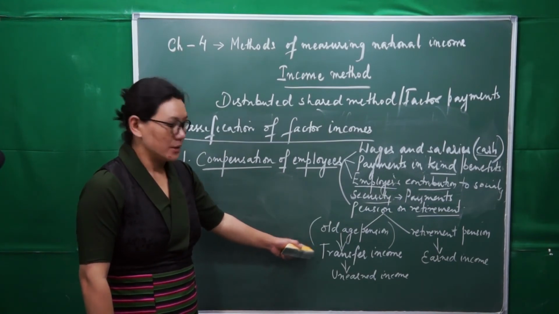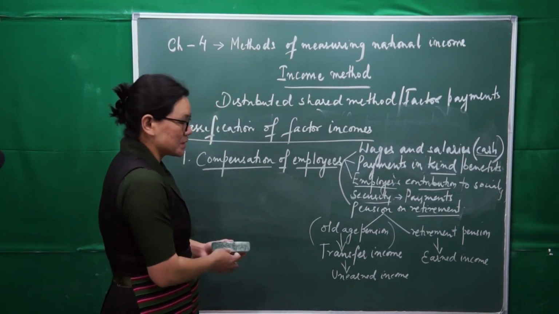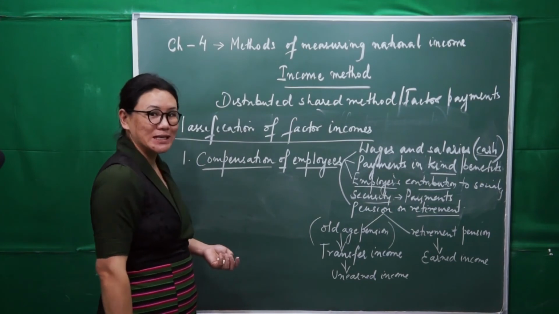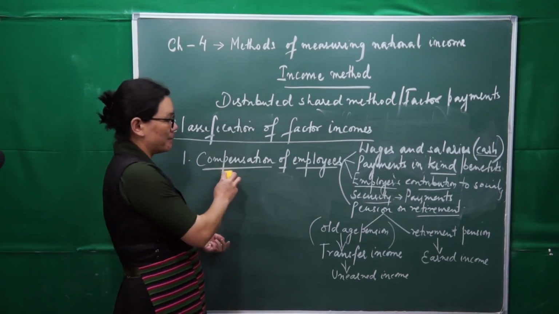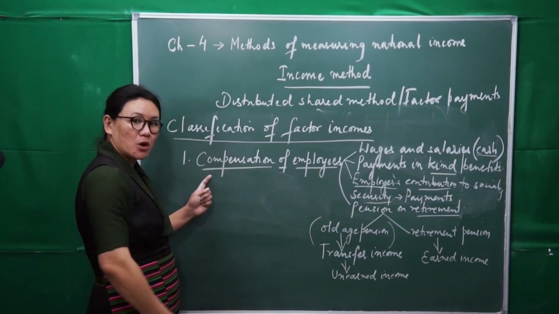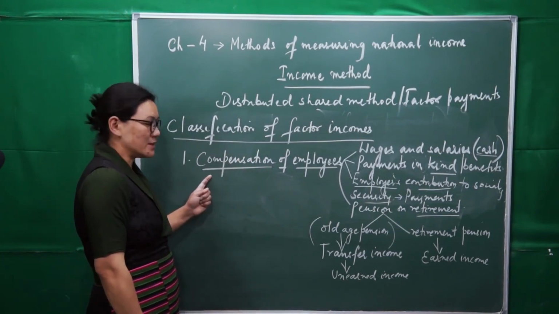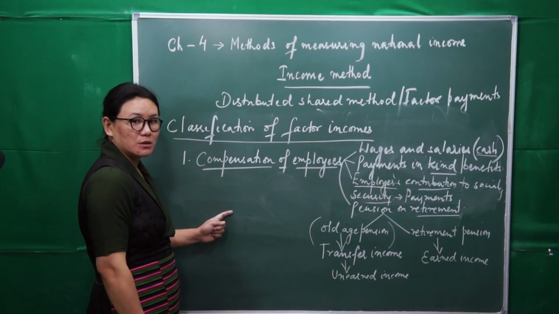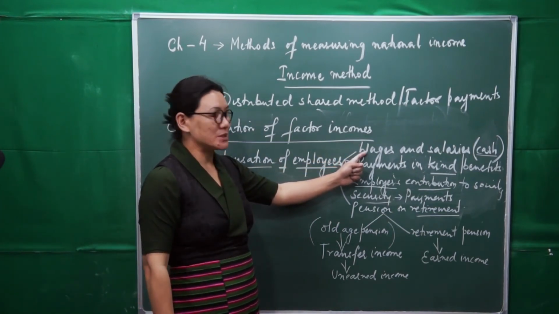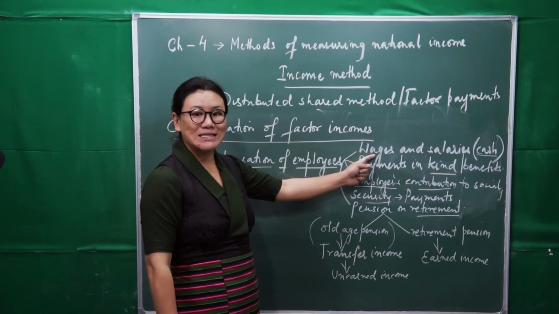Okay. Now see here. The first classification of factor incomes is compensation of employees. So I said compensation is a comprehensive term, which means it includes not only wages. Remember, in my previous videos, I have given example of wages only, right?